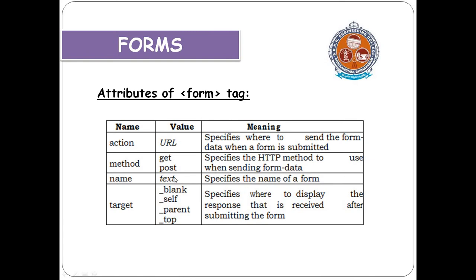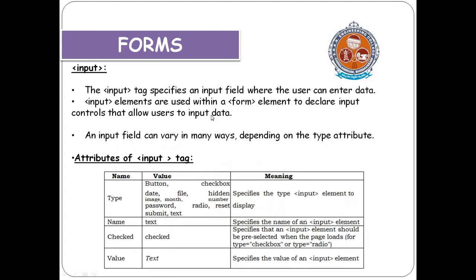For example, if you want to give a name for the form, then name equals text. Then target specifies where to display the response received after submitting the form. Whenever you submit the form, where it is to be displayed, that is the target. So these are all the attributes of the form tag.